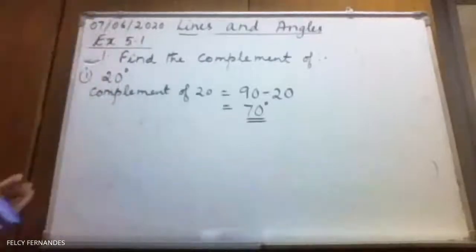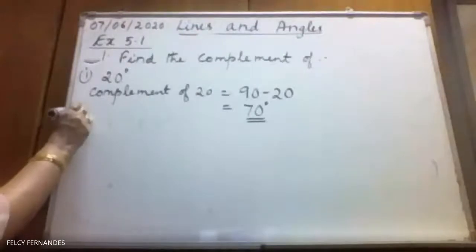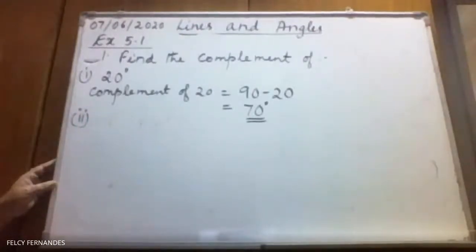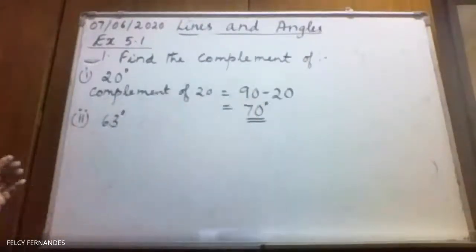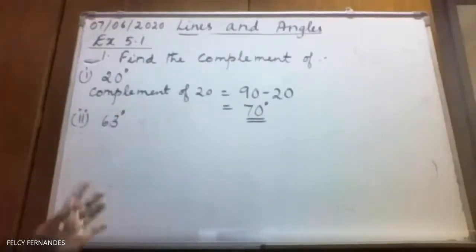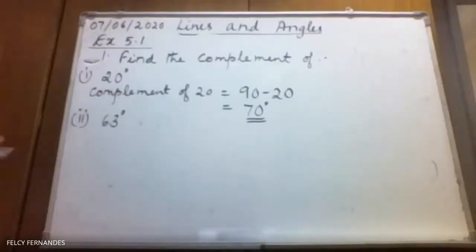When they ask you complement, subtract that number from 90 degrees. I'll give you the second one. You subtract and tell me the answer. The second question, you have to find the complement of 63 degrees. Write in the same way and do it. Got the answer?